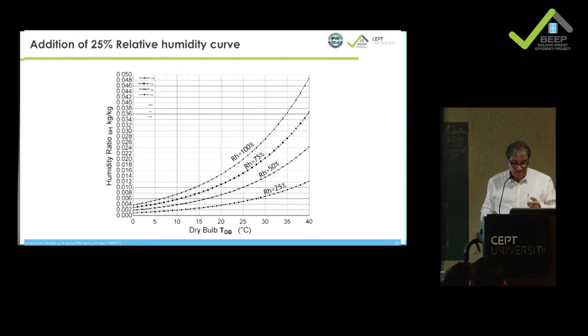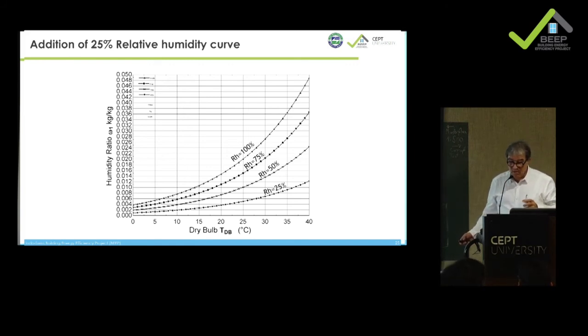So if I ask you, at 25 degrees, how much humidity ratio do I have in absolute value at 50% relative humidity? So 14 grams, right? Approximately. We are not at three digits, we just look at the principle.